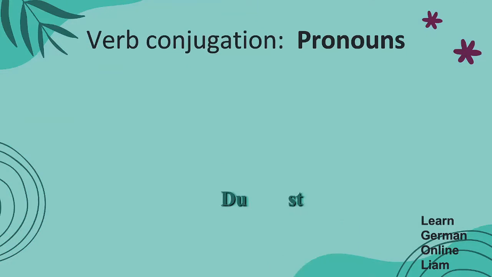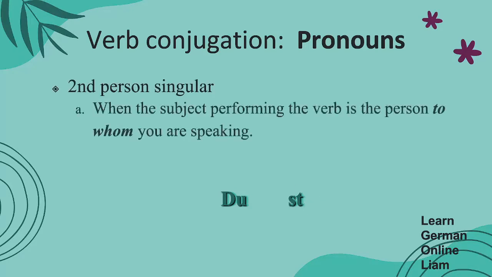Let's go deeper into conjugation now. If I am going to talk about you, du, the ending will be st. If lernen is the verb in the second person singular, it means I'm going to tell something about you.